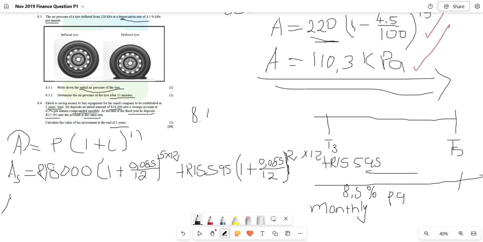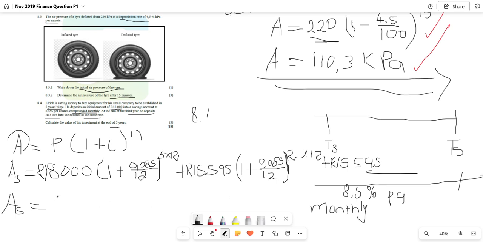Then the accumulated amount after a period of what? 5 years. What needs to happen? Substitute the entire thing on the calculator. 18,000 rand in bracket 1 plus 0.085 divided by 12, all to the power of 5 multiplied by 12. Then plus 15,595 in bracket 1 plus 0.085 divided by 12, all to the power of 2 multiplied by 12.